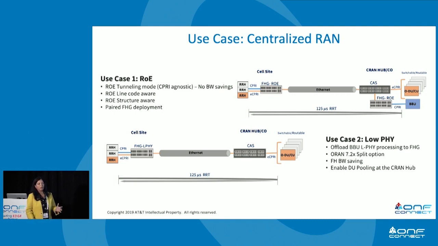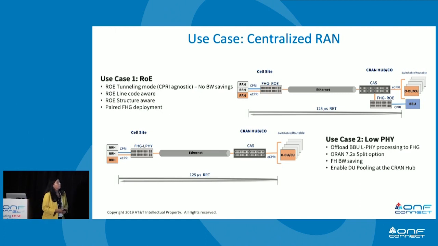So you can get to a unified architecture for both LTE and 5G, and that applies with the ORAN 7.2x split. Just by looking at the picture, it is simplified. I don't need to put another node to convert it back to CPRI, and it looks much cleaner, and it should be cost effective too.